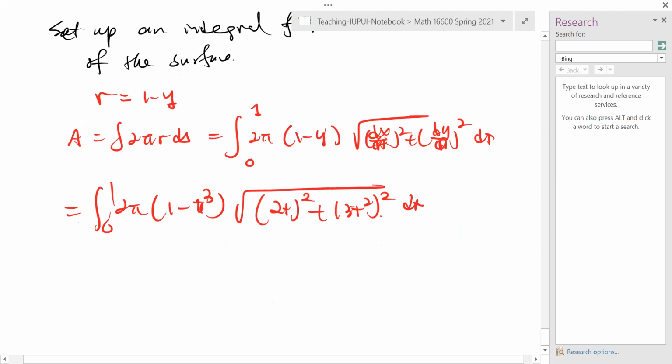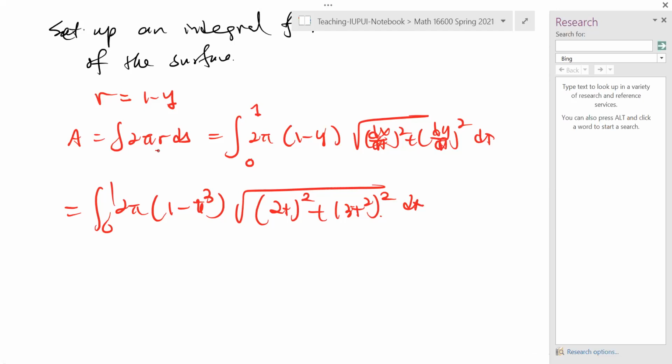Don't memorize the specific formula for a function f, for the area of a surface of revolution. Then you probably cannot figure out the radius, because actually you have to tell me what the radius is.